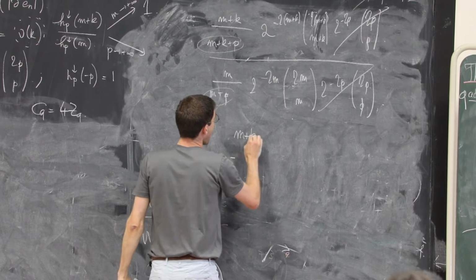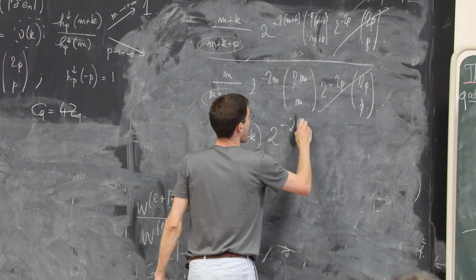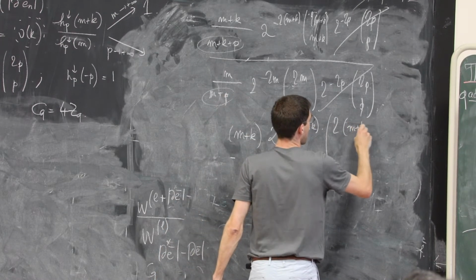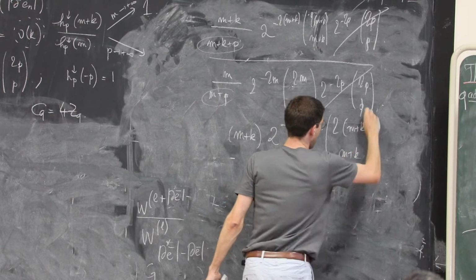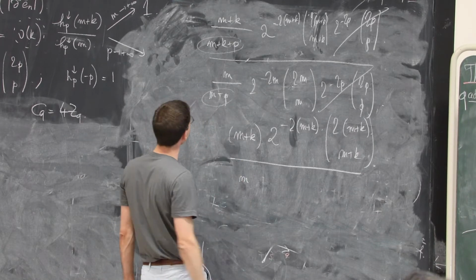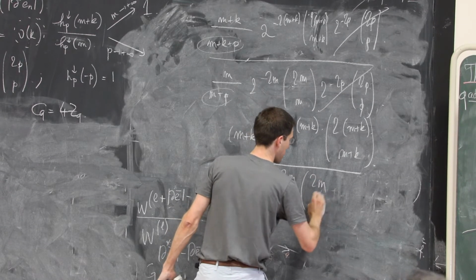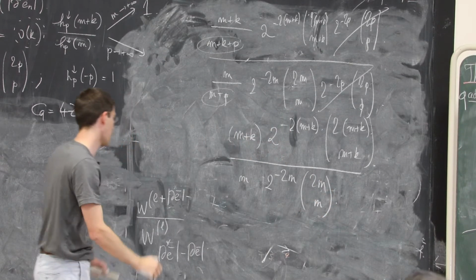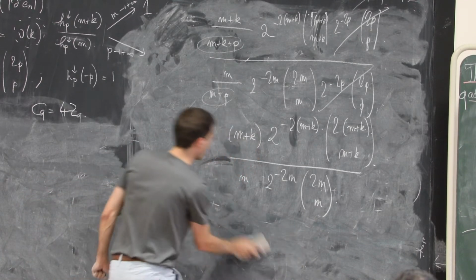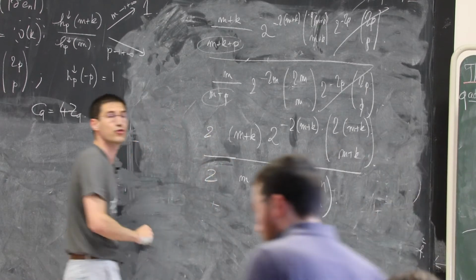We get m plus k times 2 to the minus 2(m plus k), 2(m plus k) choose (m plus k), divided by the same thing when m plus k is replaced by m. That's 2 to the minus 2m, 2m choose m. That's a ratio, right? The ratio of two numbers is the same if I multiply the top and the bottom number by 2.